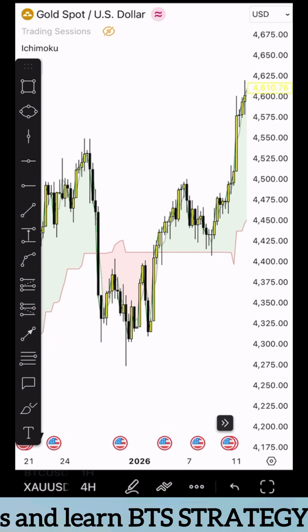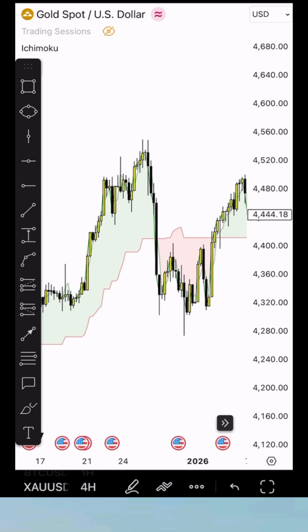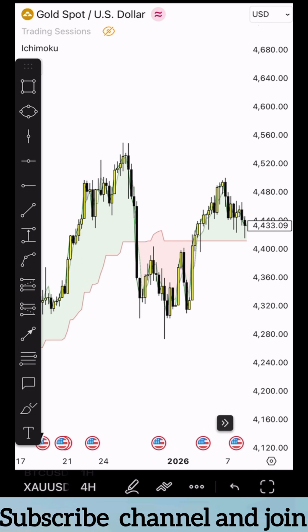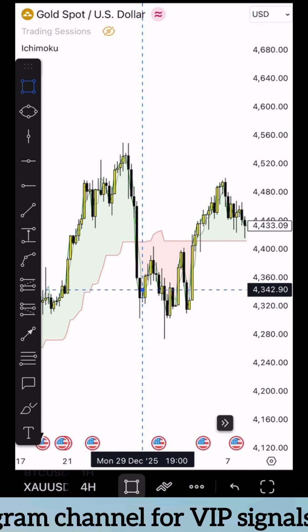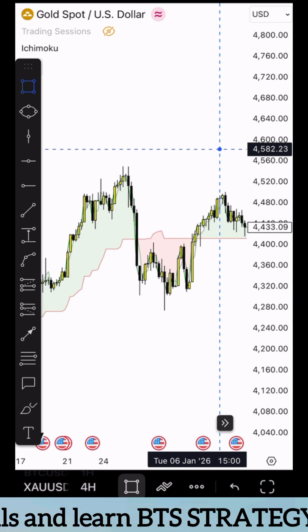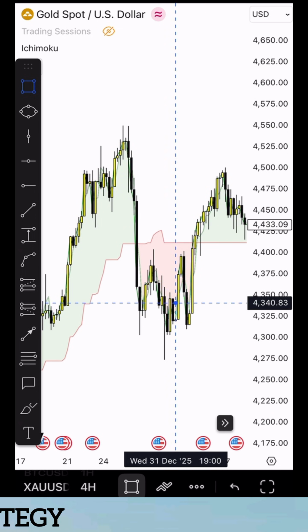It gives you a lot of clues where price is gonna go next, or what's gonna happen afterwards. For example, price is coming down, and then price is going up. So why did price stop here, and then go up and stop here?